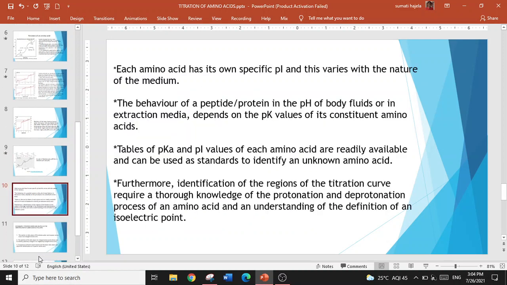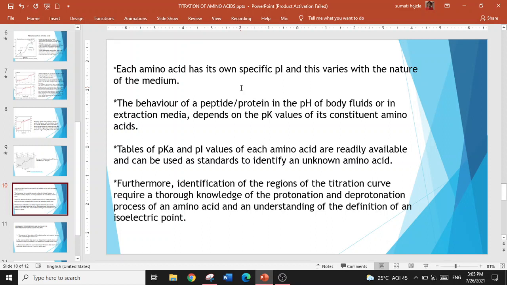So what is the advantage, or why are we doing this? Each amino acid has its own specific pI, and this varies with the nature of the medium also. Okay, if the pH of the medium is below pI, then which species will predominate?